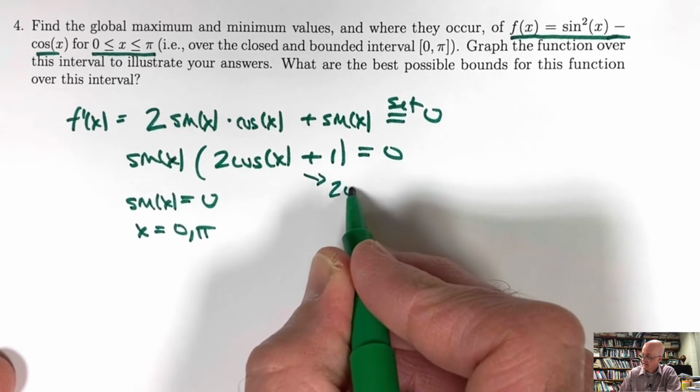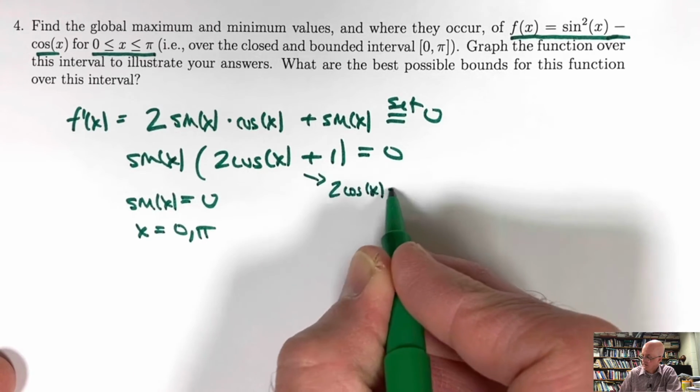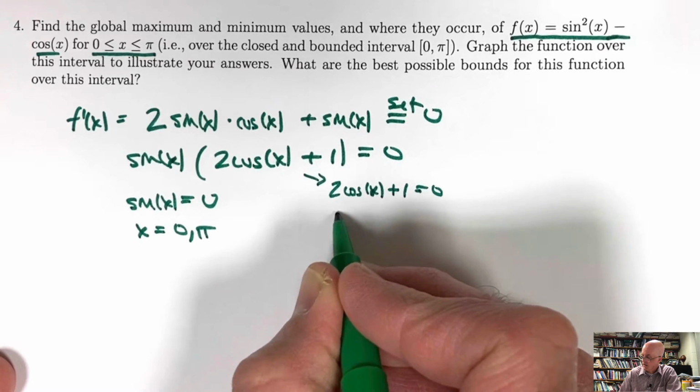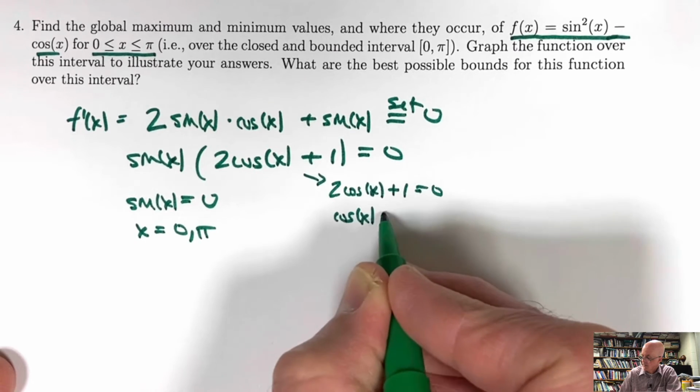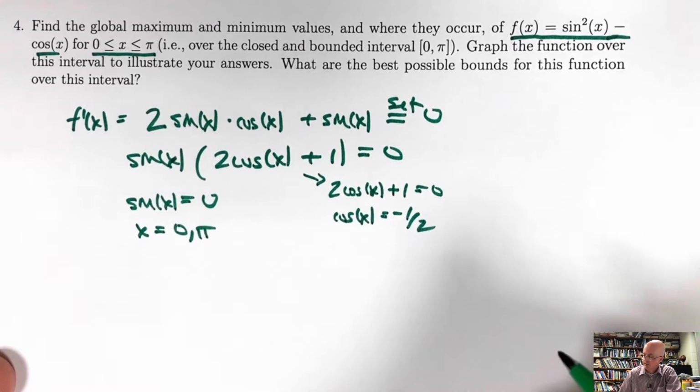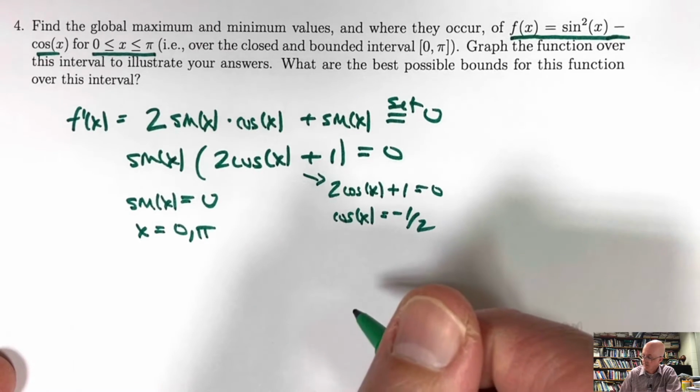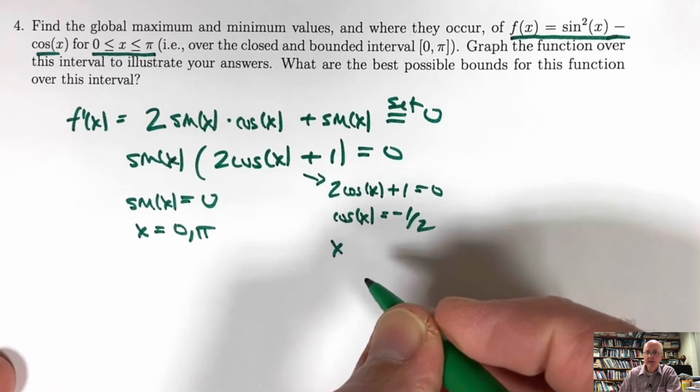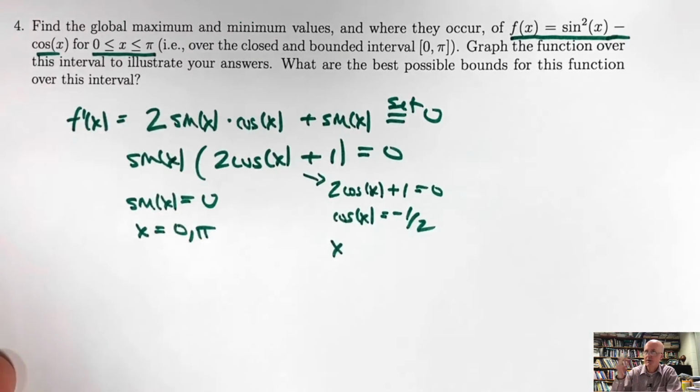2 cos x plus 1 equaling 0 occurs when cosine of x is -1/2. Subtract 1 from both sides, then divide both sides by 2. For x between 0 and pi, 0 and 180 degrees, think about the unit circle definition of the cosine and sine. Cosine is the first coordinate of the point on the unit circle. It's 1 when x is 0.